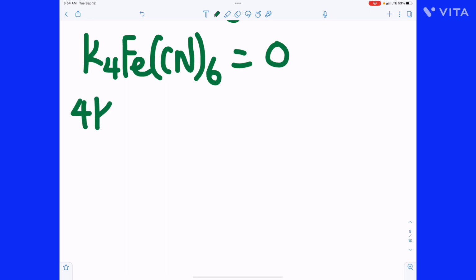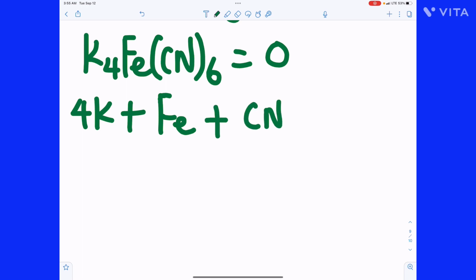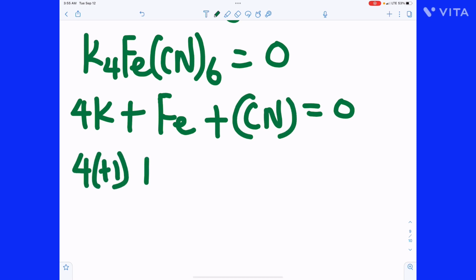So 4K plus Fe plus CN is equal to 0. CN is cyanide ion made up of carbon and nitrogen. Potassium is plus 1. We don't know the charge of Fe. In cyanide, carbon is minus 4.